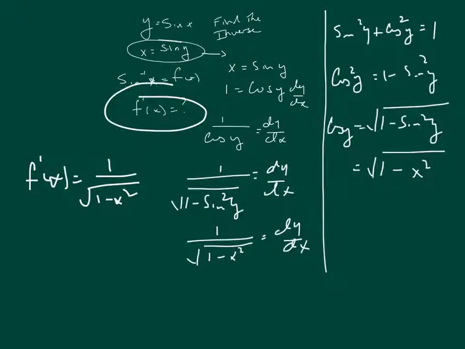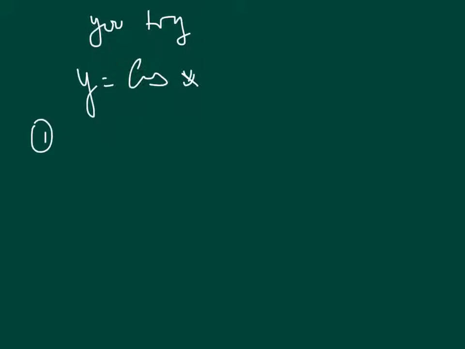Alright, so now you try. We'll do y is equal to cosine of x. Take the derivative, first find the inverse function. So first you can find the inverse.